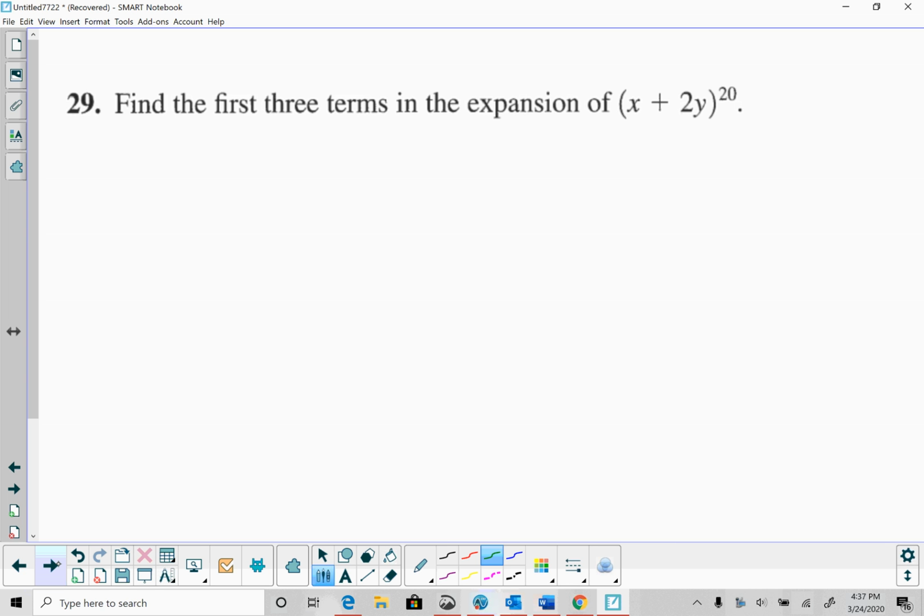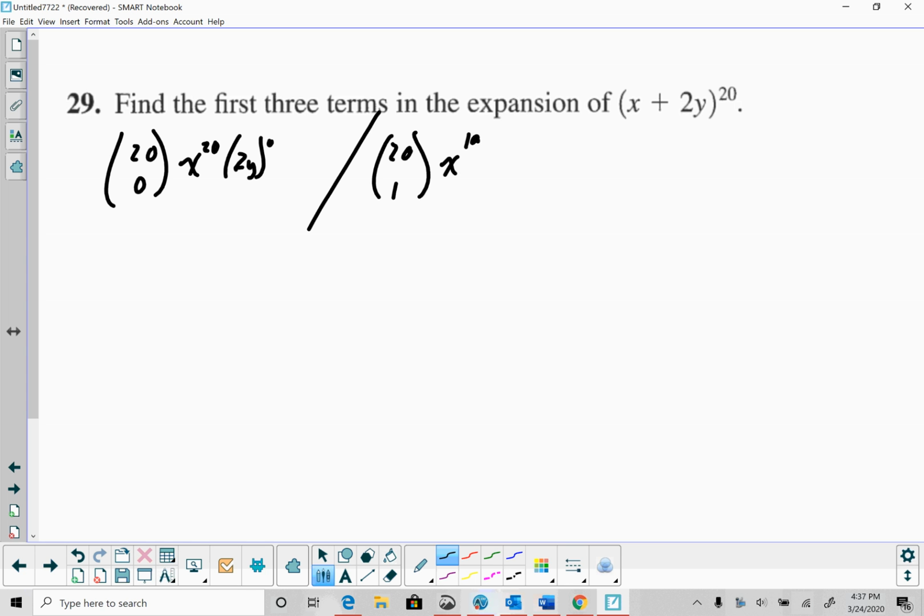For number 29, let's go there. They're just looking for the first 3 terms of this expansion. So hopefully, again, for the first term, make sure you're choosing the right combinations. 20 choose 0 of x to the 20th, 2y to the 0. 20 choose 1 of x to the 19th, 2y to the 1st.